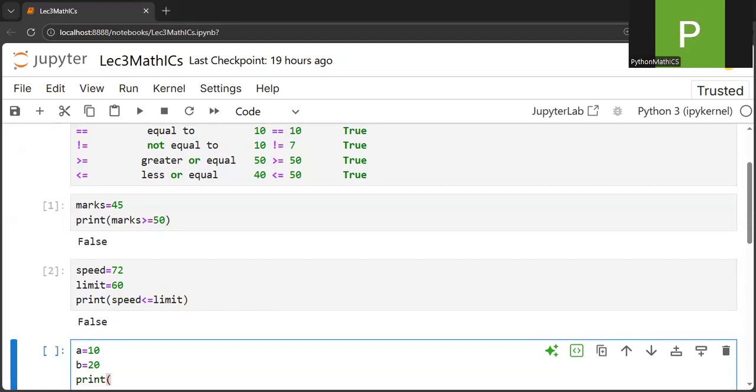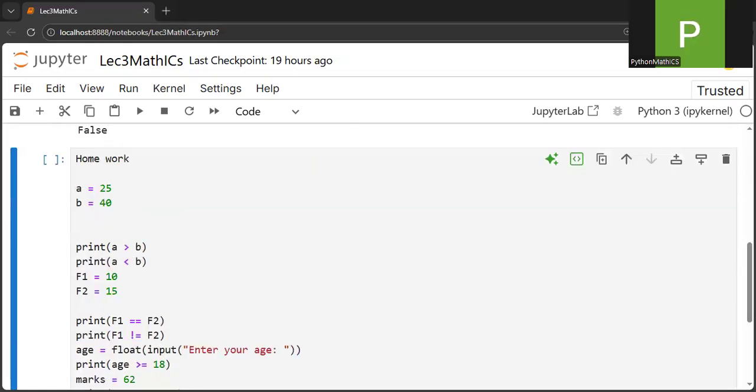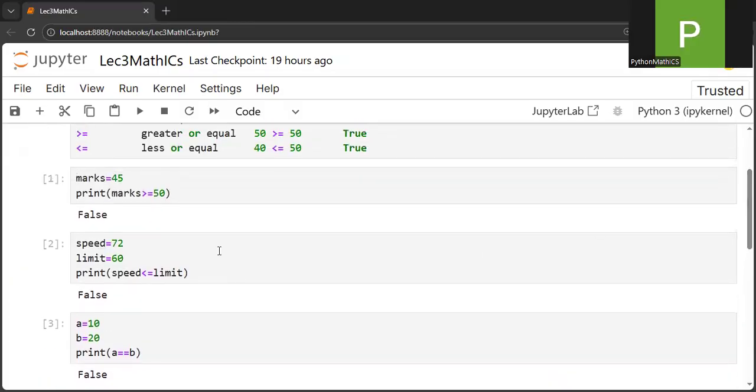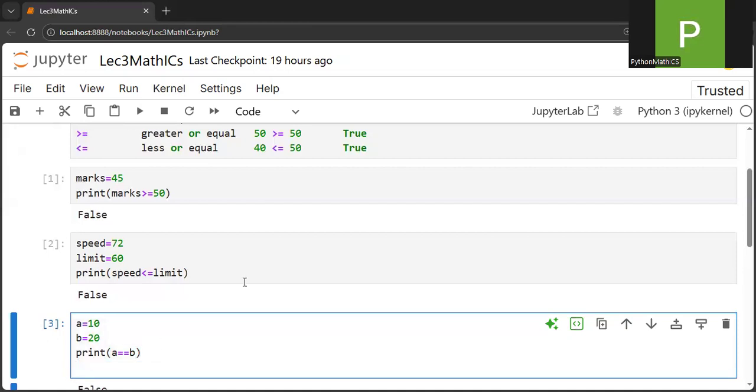So print A is equal to B. You understand the answer will be false, right? So this is the answer, which is false.